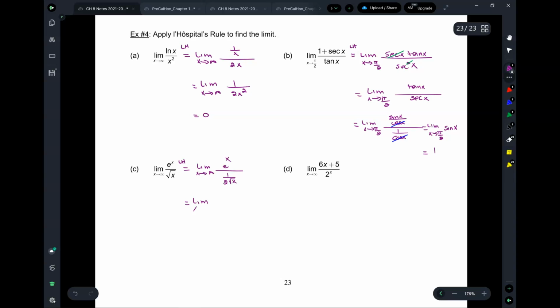Limit as x approaches infinity of e to the x times 2 root x. Now, e to the x goes to infinity. 2 root x also goes to infinity, so together their product is also infinitely large.